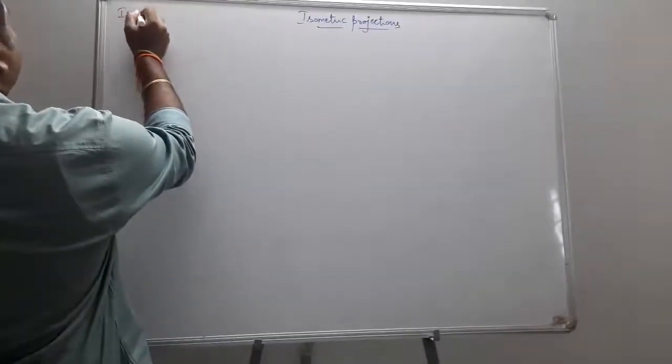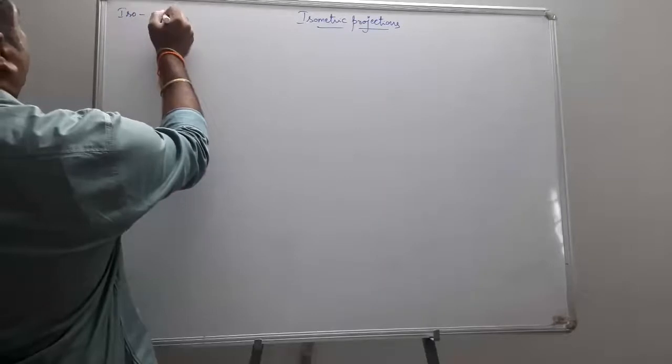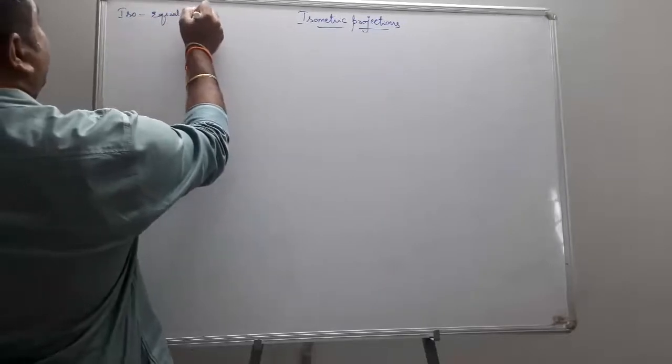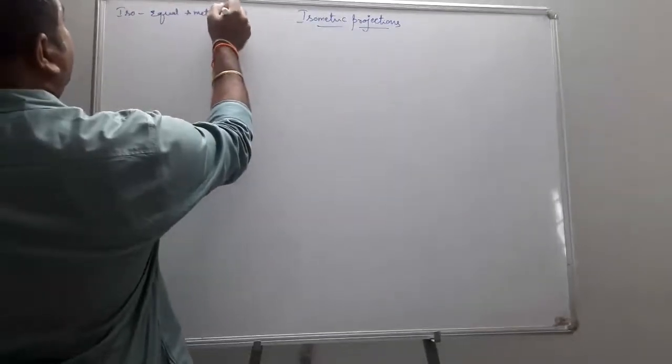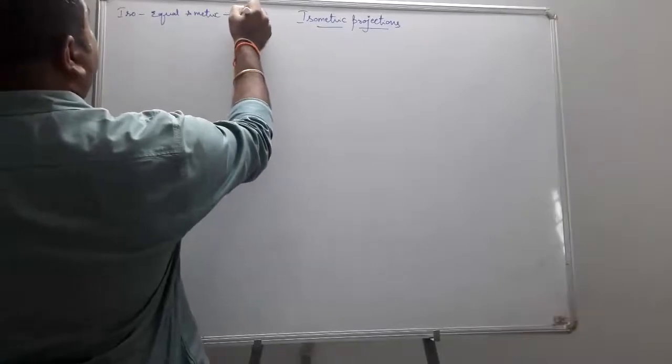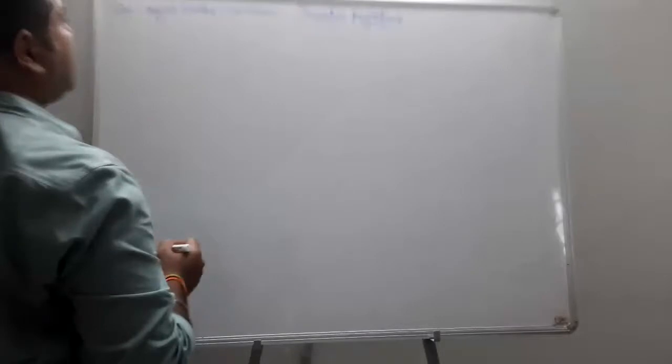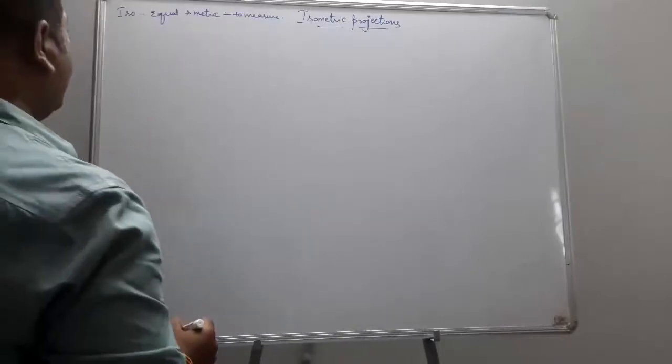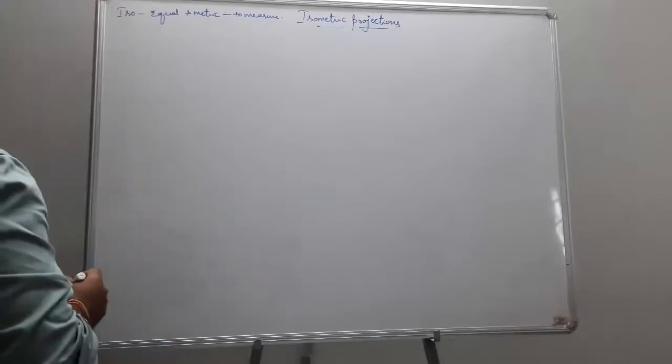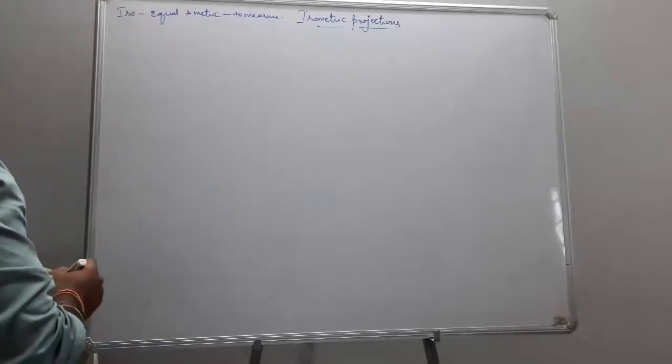Iso means equal, and metric means to measure. That is nothing but isometric projection: equal for measuring in any view. An isometric projection is a pictorial projection.